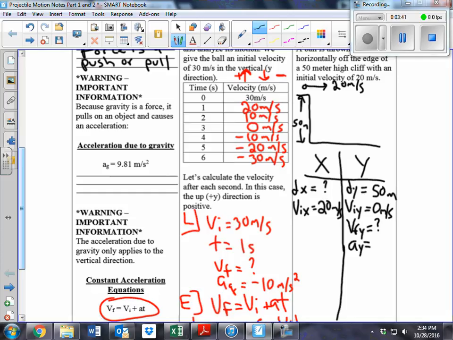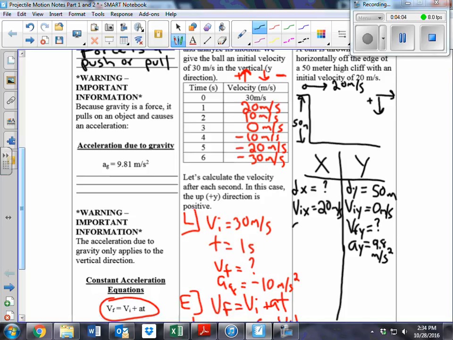The first being that acceleration in the y is 9.8 meters per second squared. Now, because the object is only going down, I'm going to say, hey, you know what? The down direction and to the right is positive because those are the only directions we're going, so let's make our math easy for ourselves.